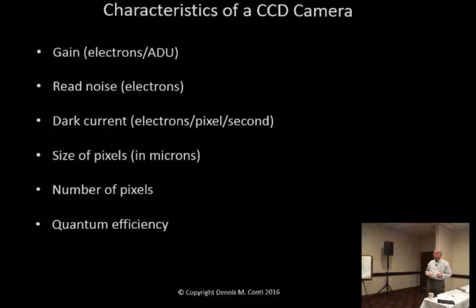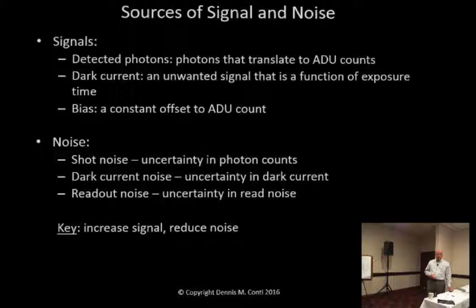All right, let's talk about signal to noise and what each represents. So signal is the counts of the photons that we're detecting. A signal also is bad stuff, like dark current.